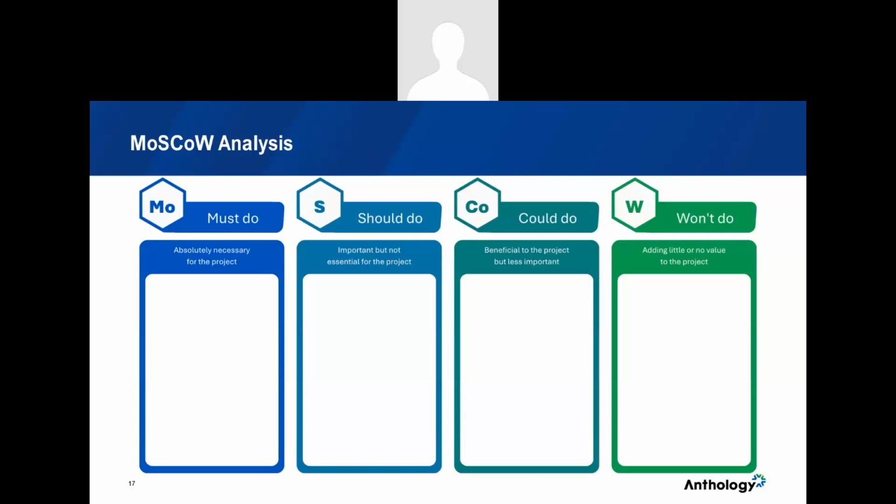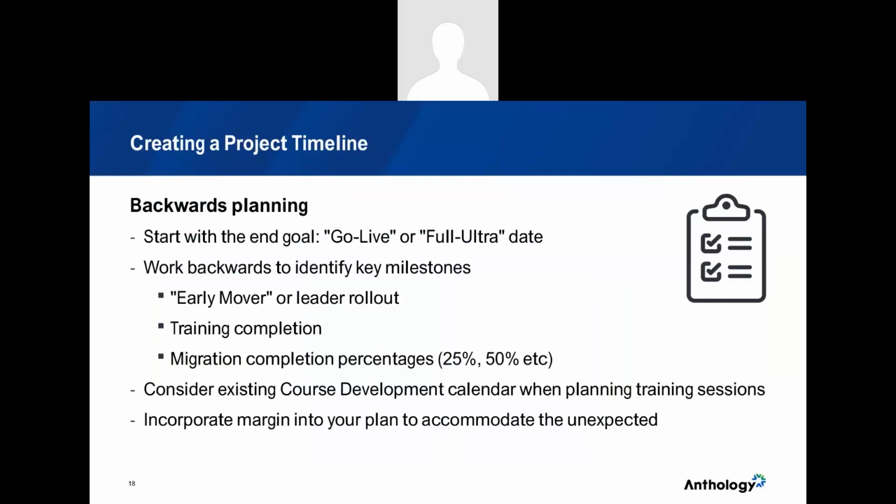When you create a project timeline, we like to think of the end date and then move backwards in time. So there's often early movers that you can identify that might be a little bit more eager to go in one of the earlier semesters.